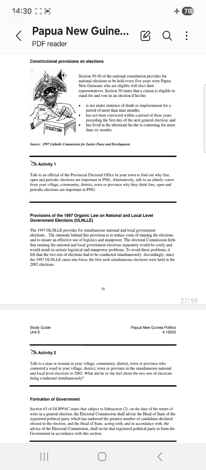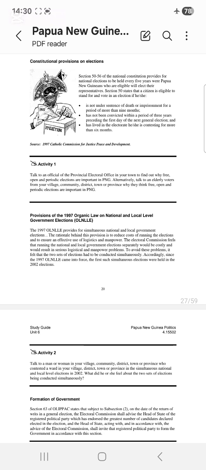Now, how do we go about exercising this right? The 1997 Organic Law on National and Local Government Elections administers this right that is given to us. So the Organic Law created the Electoral Commission, and the Electoral Commission now administers both local and national elections.